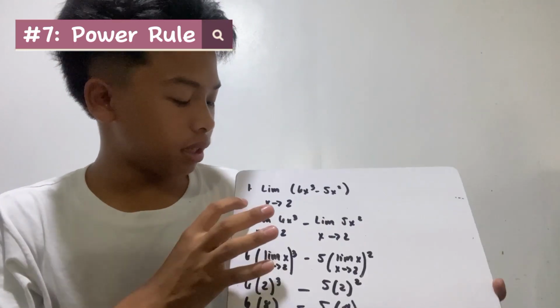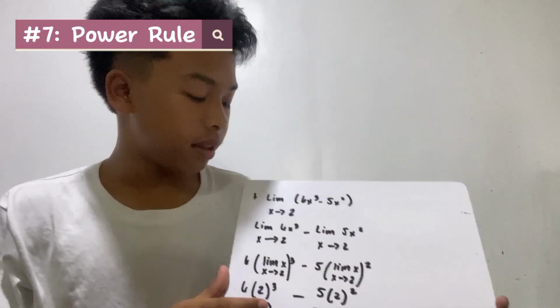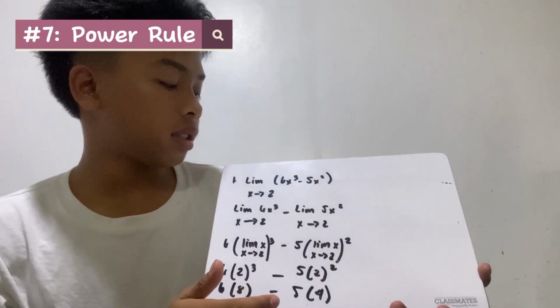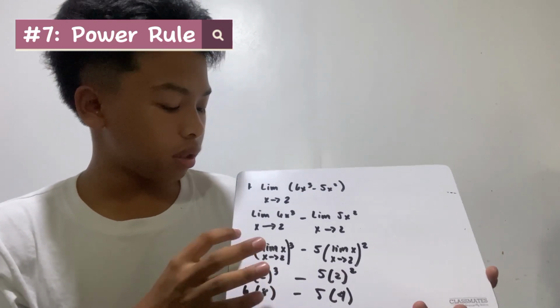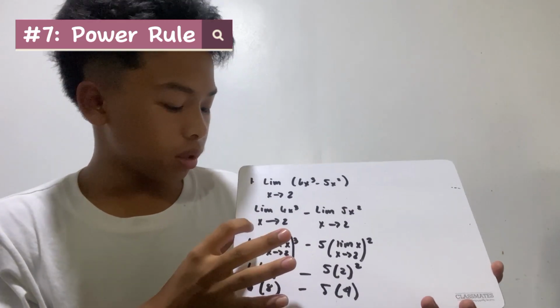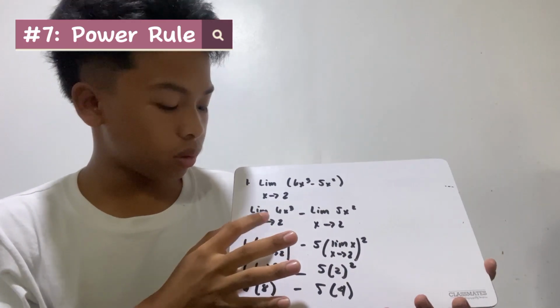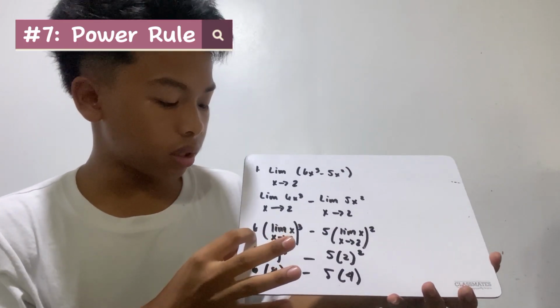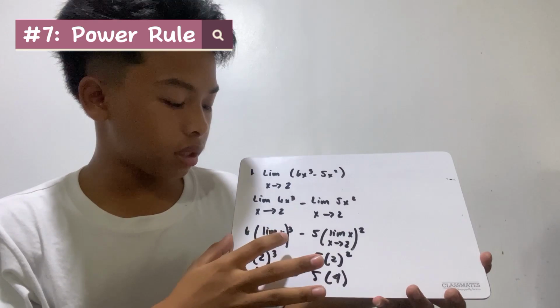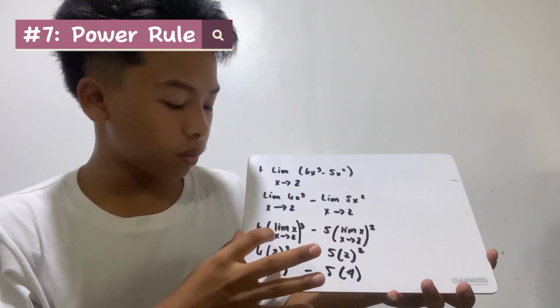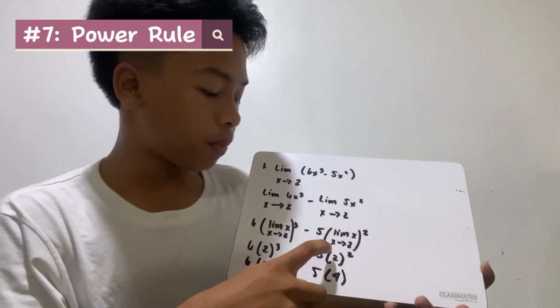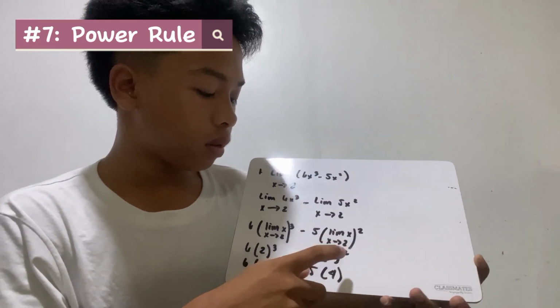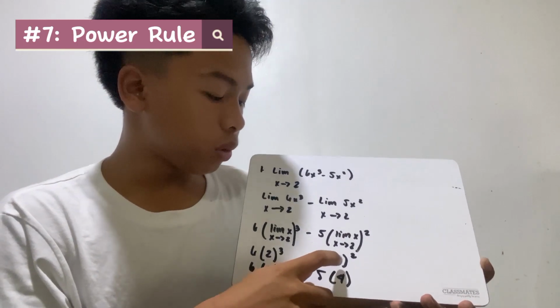Here ang example ng limit theorem 7. Example natin is 6x cubed minus 5x squared as x approaches to 2. Then limit of 6x cubed as x approaches to 2, dahil constant, kaya limit of x, tsaka yung x cubed as x approaches to 2, minus 5 limit of x as x approaches to 2 squared.